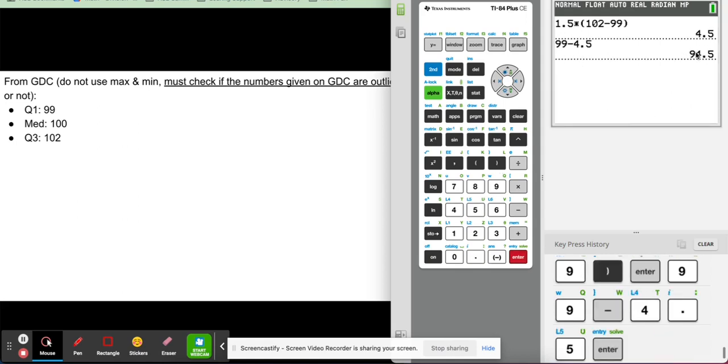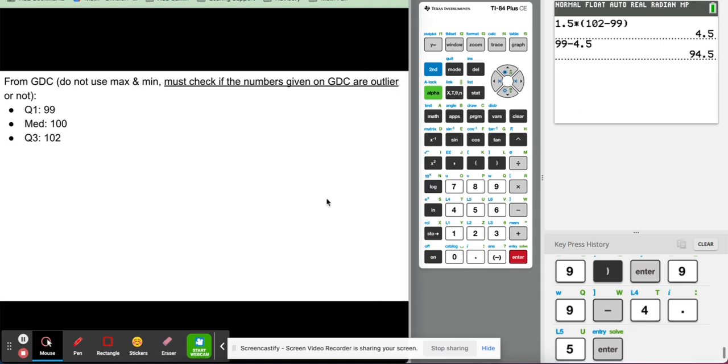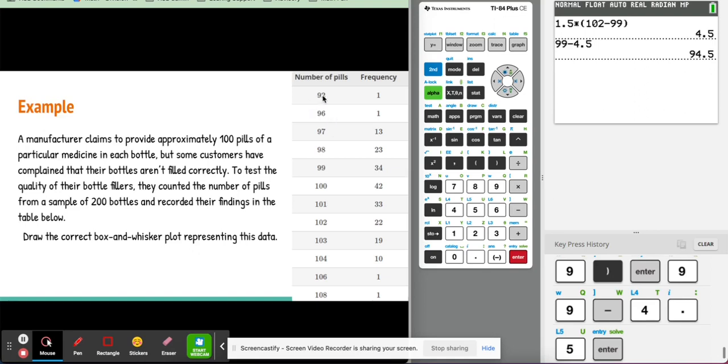Any data point which is less than 94.5 is going to be considered an outlier. Let's see if we have any outliers. From our data, we have 92, which is considered an outlier because it's less than 94.5.